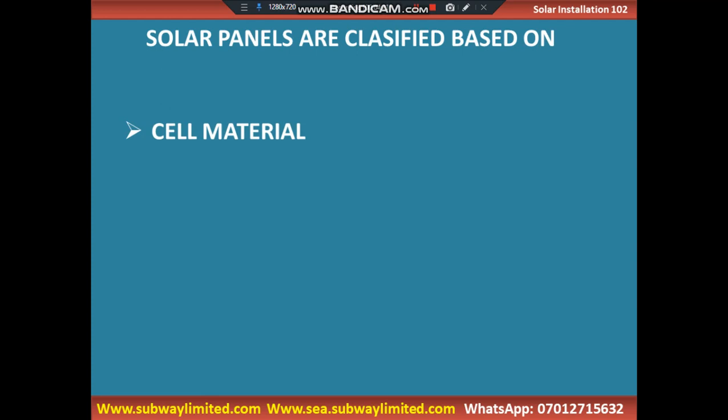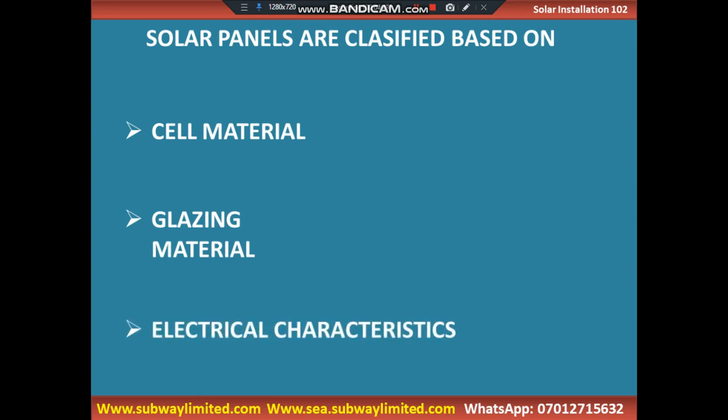It is what gives us the DC when they are exposed to the sun. Then solar panels are also classified based on the glazing materials, that is the frame or the casing that houses the solar cells. And we can as well classify solar panels based on the electrical characteristics of each of the solar panel.